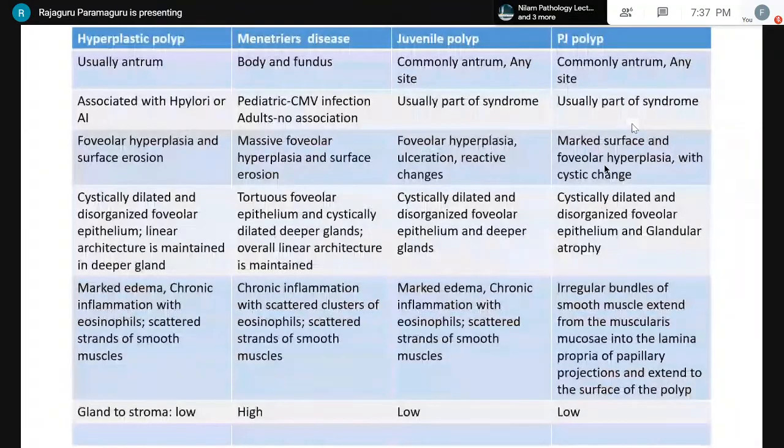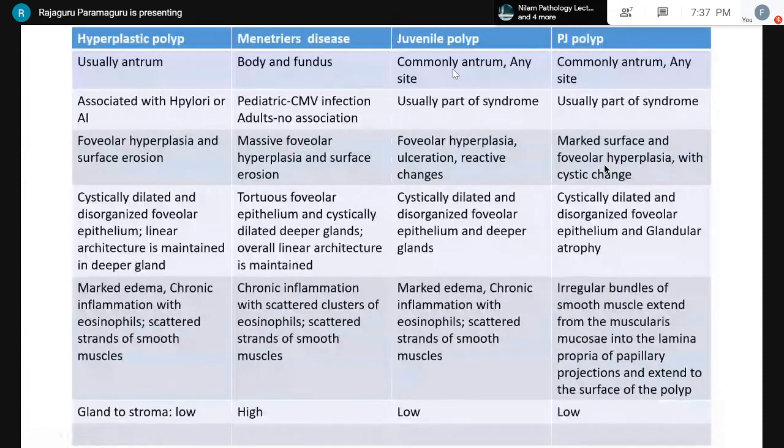And in the stomach, there are various types of polyps which are going to show mostly a similar kind of histological changes. So I've enlisted the differentiating points and how we can differentiate them. As I said, the juvenile polyp and the hyperplastic polyps are going to be difficult to tell apart, except for the clinical history.